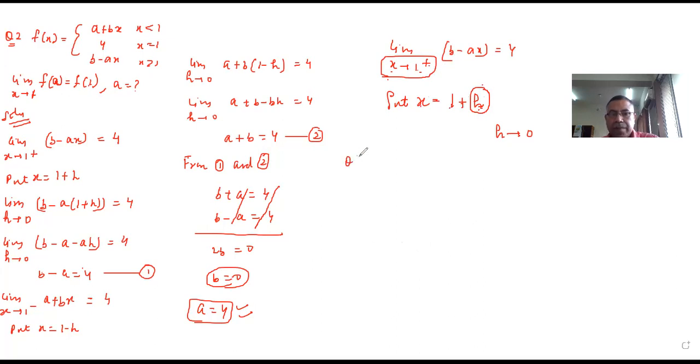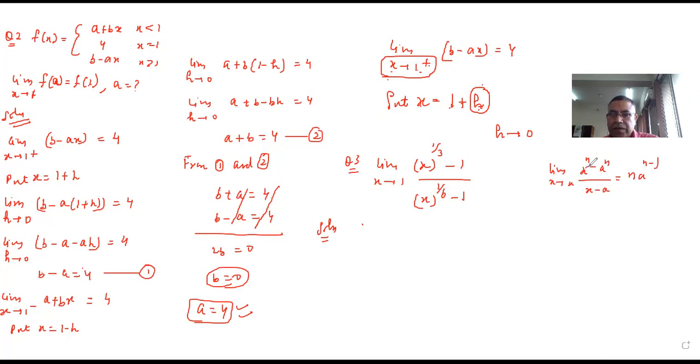Now, third type: limit x tends to 1, x raised to power 1 by 3 minus 1 upon x raised to power 1 by 6 minus 1. This is the application of the theorem of limits. That means limit x tends to a, x raised to power n minus a raised to power n upon x minus a is equal to n a raised to power n minus 1.